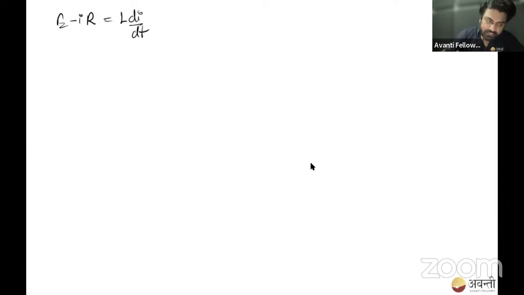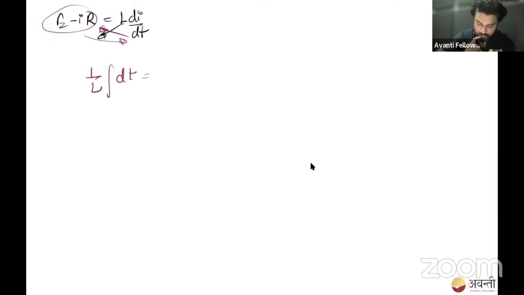Now if I take L downside, take dt here and take this whole quantity down, it will be 1 upon L integration dt is equal to integration di upon E minus IR.